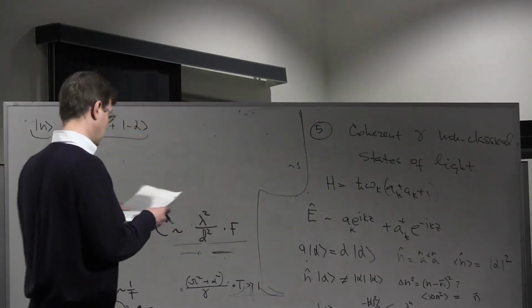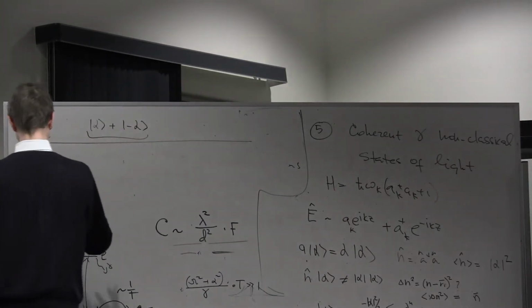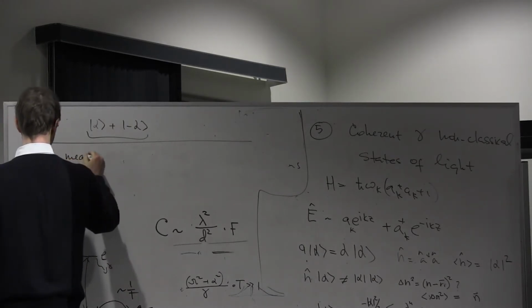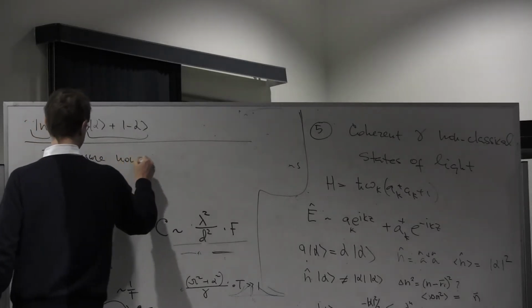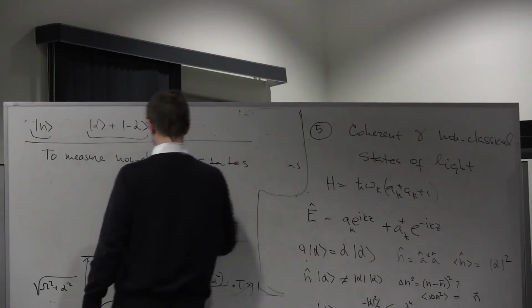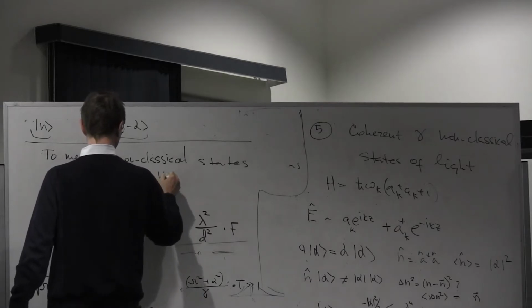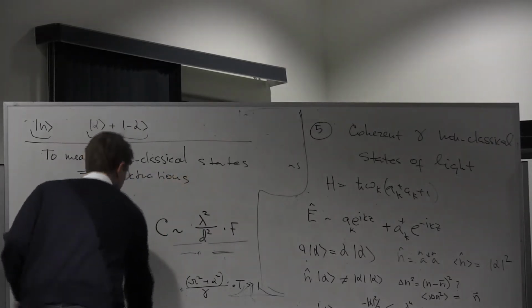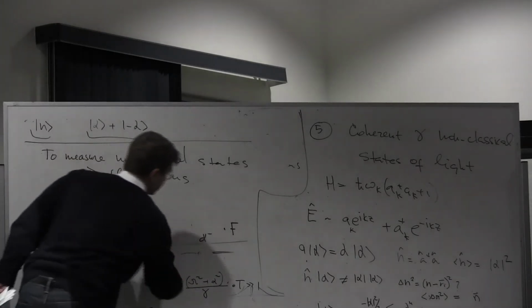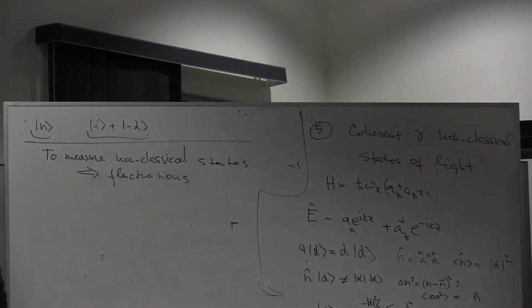So basically, to measure non-classical states, you need to look at fluctuations. So in other words, you have to basically look at noise, right?